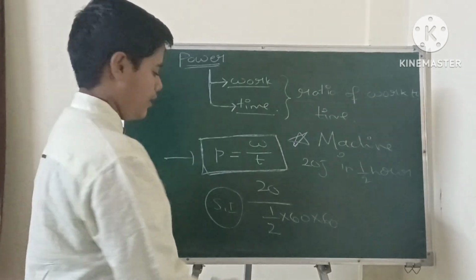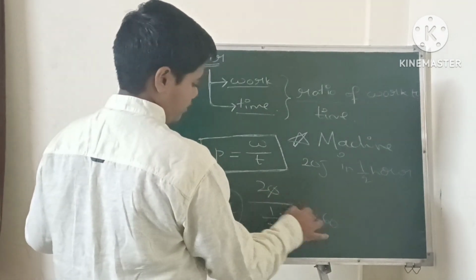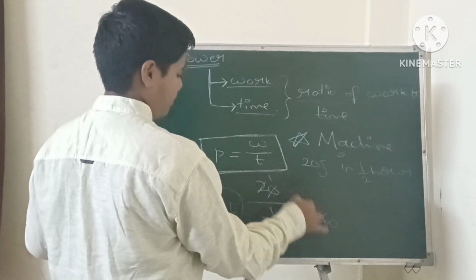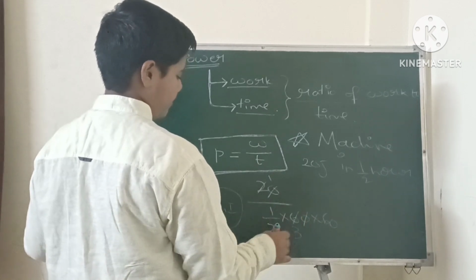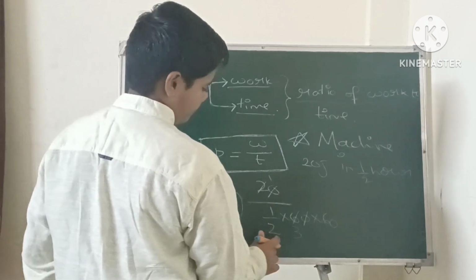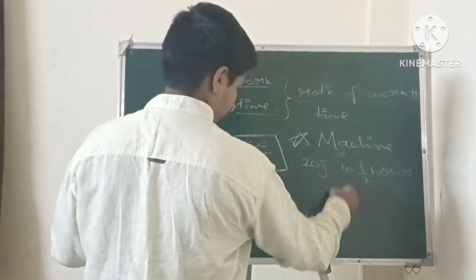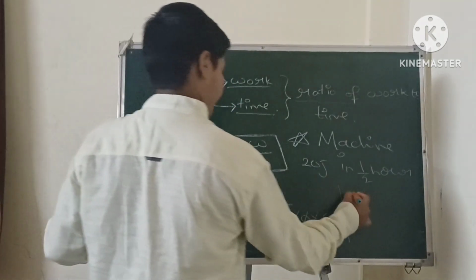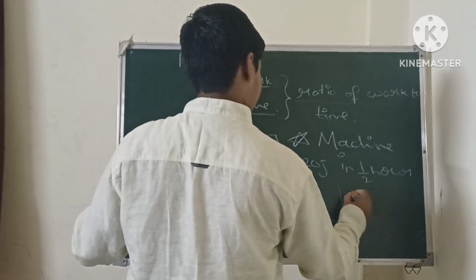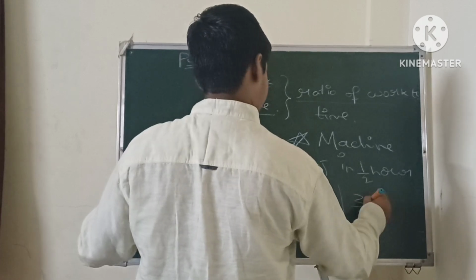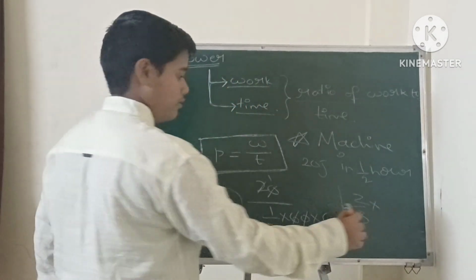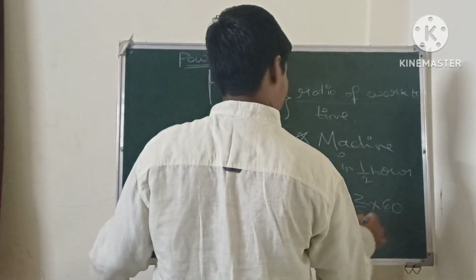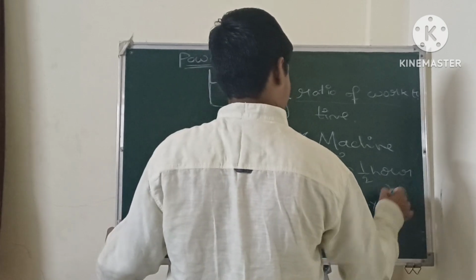And here the 0 gets cancelled. 2 ones are 2, 2 threes are 6, and three into, it is the reciprocal to the numerator.